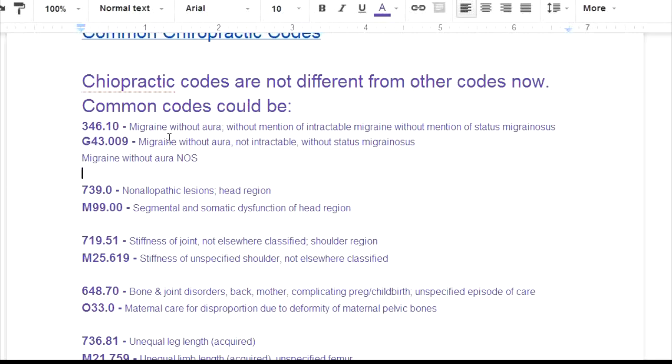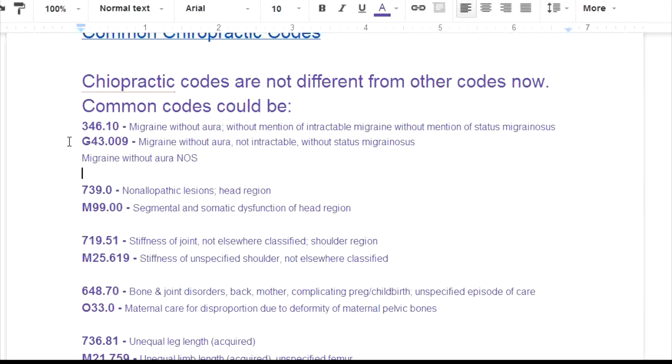The first one, migraines without aura. This is the way it reads in ICD-9: 346.10, without mention of intractable migraine, without mention of status migrainosus. And in ICD-10, it's going to be G43.009, which is also migraine without aura, not otherwise specified. The wording is just about the same.